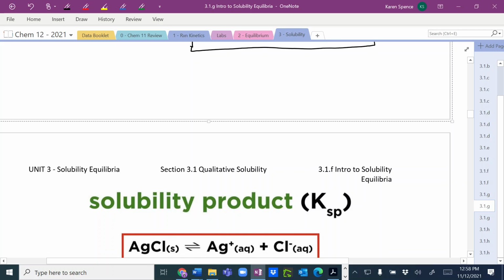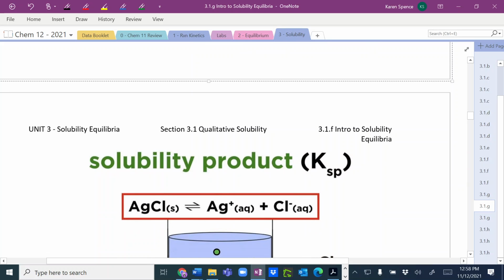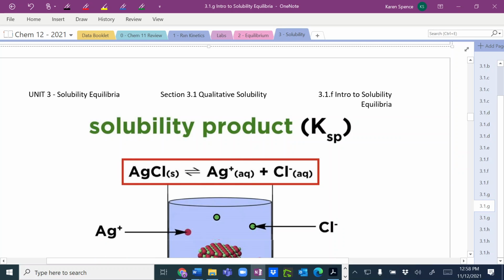And this brings us to, because we have an equilibrium, we can write our equilibrium constant, which in this case is called the KSP. But in order to write any equilibrium constant, you need to have a reaction, yes? When we did this in the equilibrium section, there's so many different possible reactions that you weren't expected to write them down.